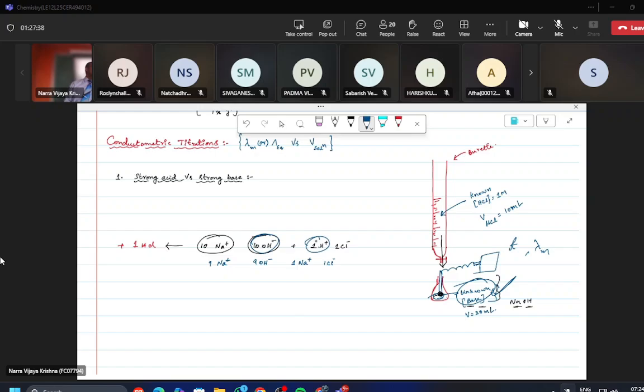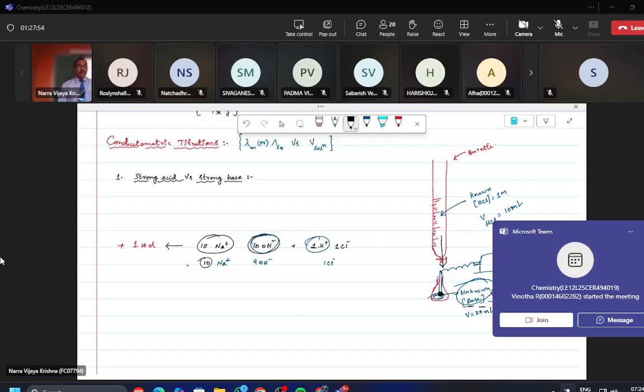Now observe what happened to the total number of Na plus ions. Same. There is no change in the number of Na plus ions, so I am writing it as 10 only. But instead of OH minus, we got 1 Cl minus.